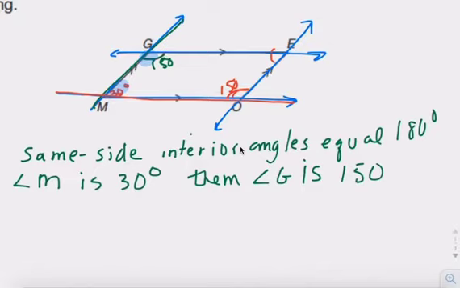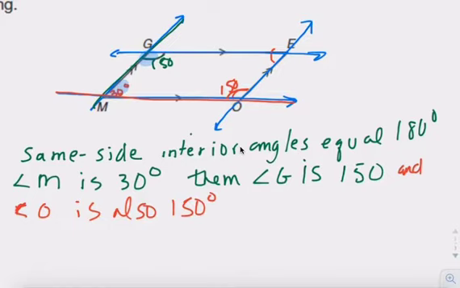So the measurement of angle O is also 150 degrees using this rule.